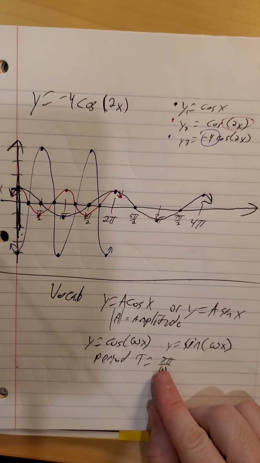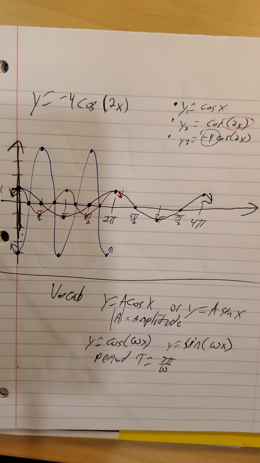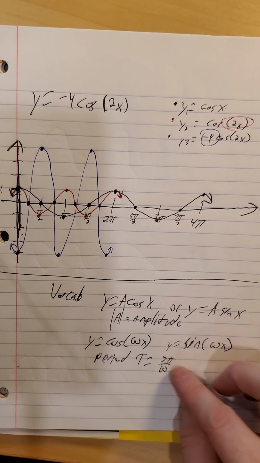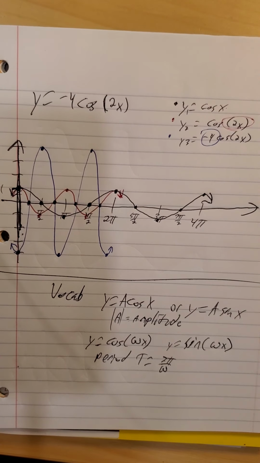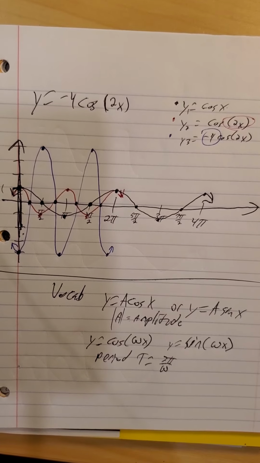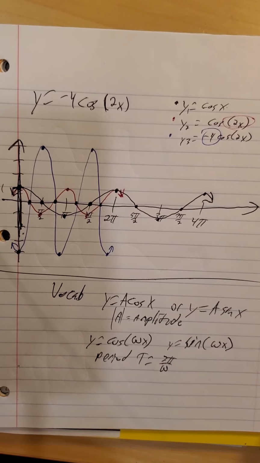For the other one where we stretched it horizontally, 2 pi divided by a half is really 2 pi times 2, so that's why we had to go to 4 pi for a single cycle of that other one.